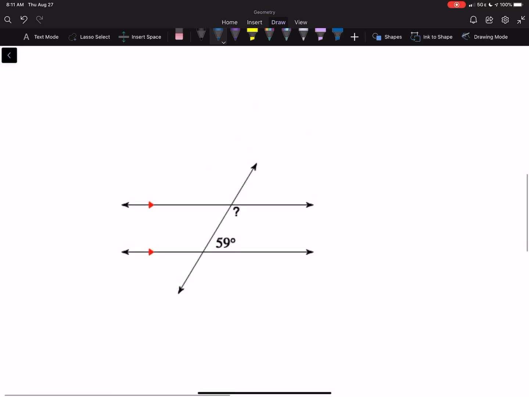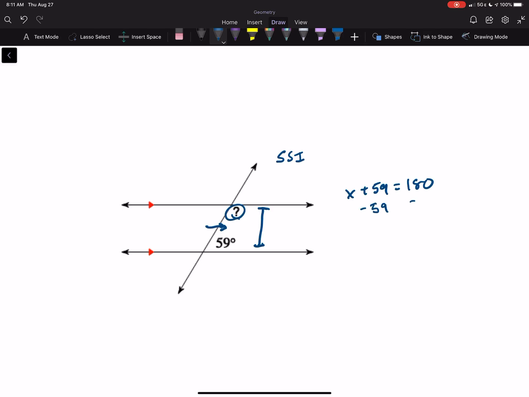All right, first example, we know that these are both on the interior, right? So here's the interior, check, they're both interior of the parallel lines, and they are both on the right-hand side of the transversal. So these are same side interior angles, so that means that x plus 59 should be 180 degrees. So the missing one, we'll call that one x, is 59 degrees. So to solve this, we use our algebra skills.